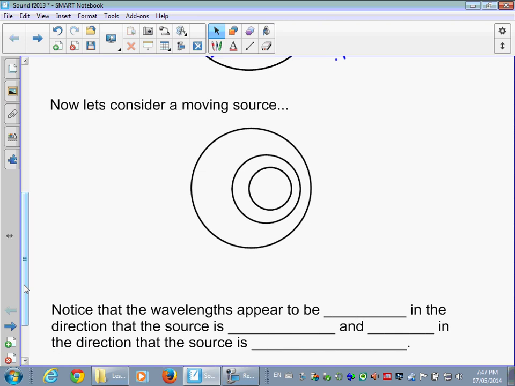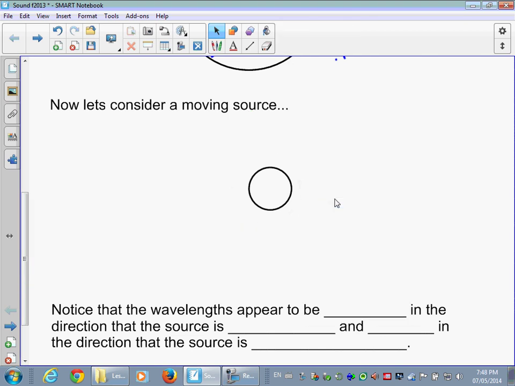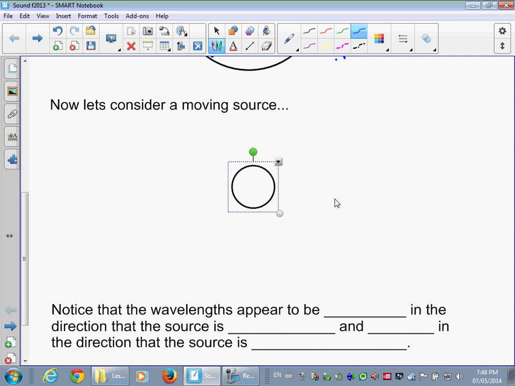Let's back up here a little bit. We'll see our end product. So if we have a source, and that source is emitting a wave, and one period later, let's say that's where our source is. One period later, the wave will have expanded to be exactly one wavelength away.